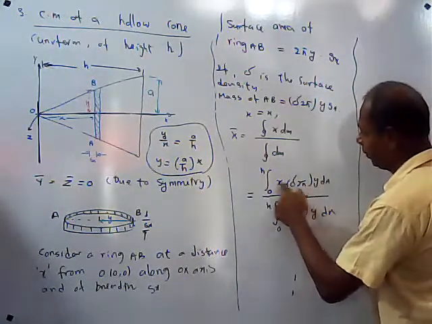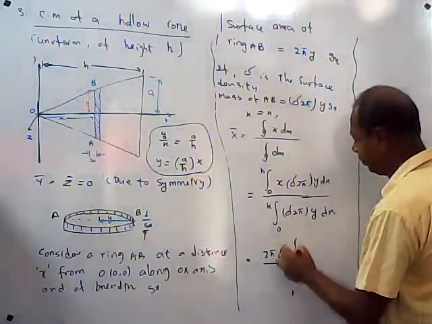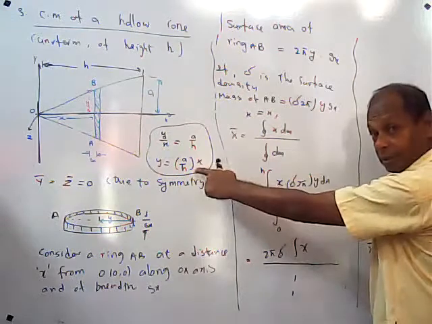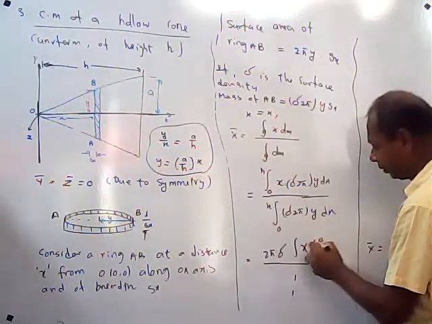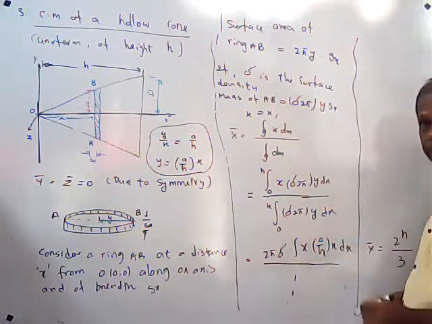First of all, we can take these constants out. 2 pi sigma. They'll give x and y. Y is a over h x dx. Okay?